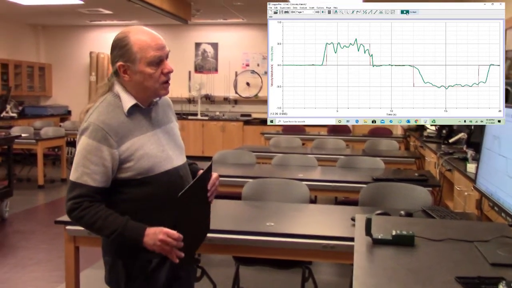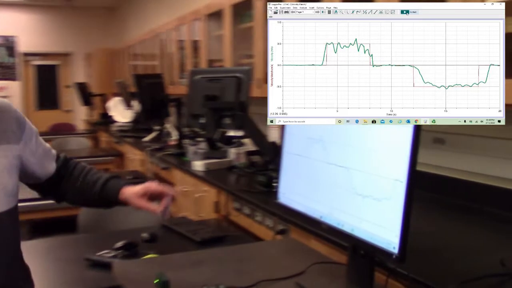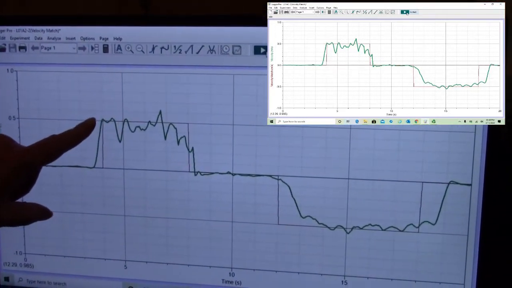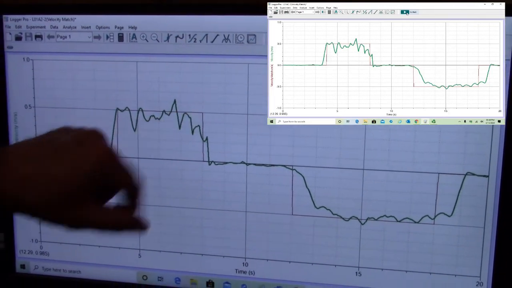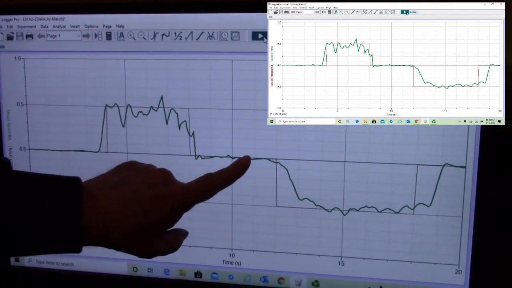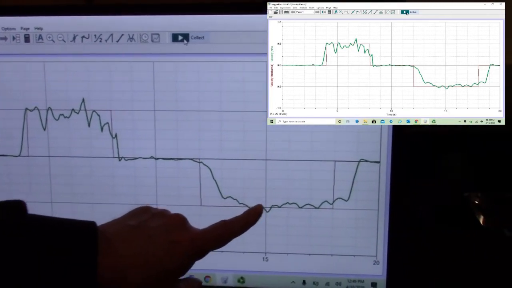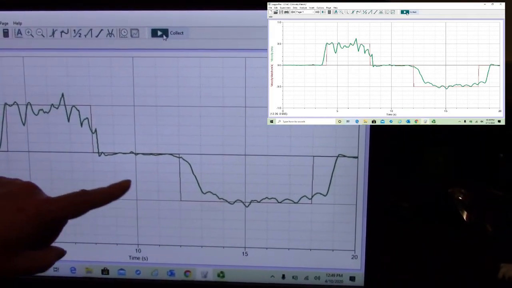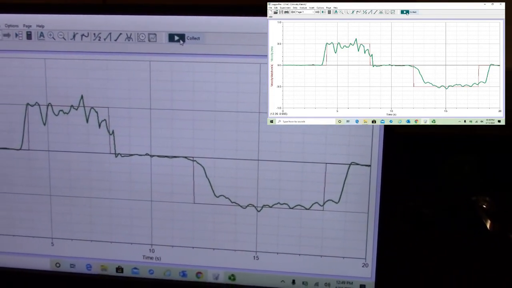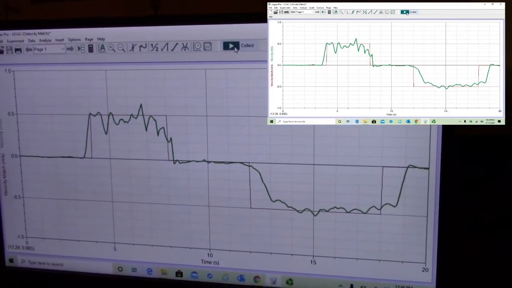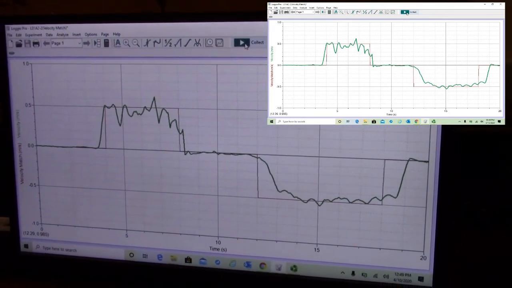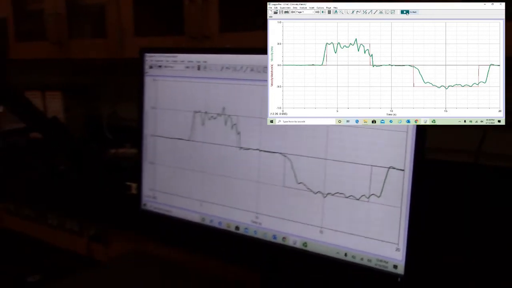Okay, so I did better this time. My motion graph is reasonably close to what was required of me. Then I stopped, and then I started moving back toward, and I was able to cover the entire distance without running into the motion detector because I had enough distance in reserve, as it were.